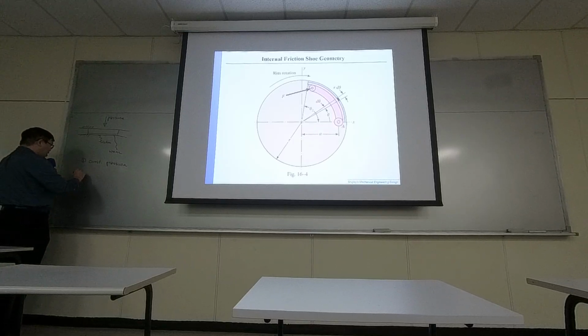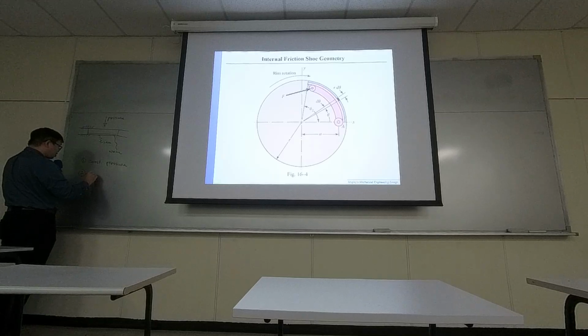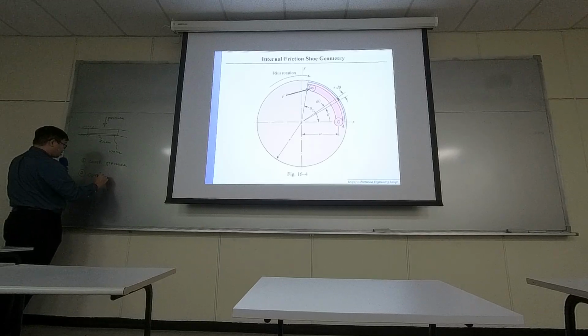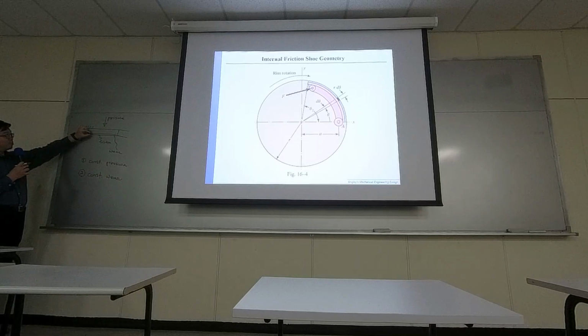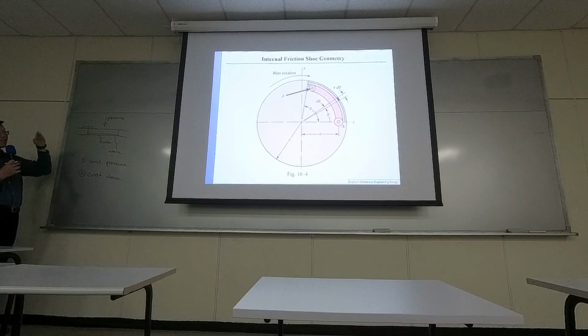And the other kind of model is called the constant wear model. So you assume the amount of wear everywhere is the same, so the speed of the material removal at the interface is the same for the entire surface.